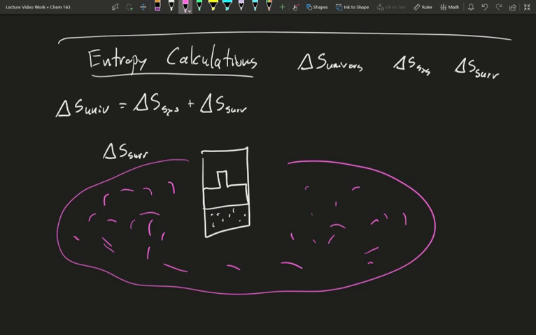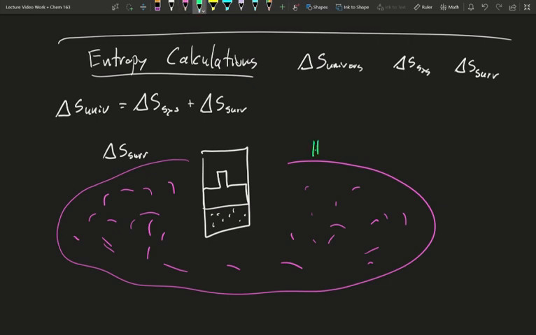The universe is so large that even if it loses some heat, if you were to try to figure out how much is left, it's going to look effectively the same. If you have a large enough surroundings, you can put energy into or take energy out of the surroundings, and it's going to effectively look the same temperature. You're not going to have altered the temperature of the outside by any recognizable amount.